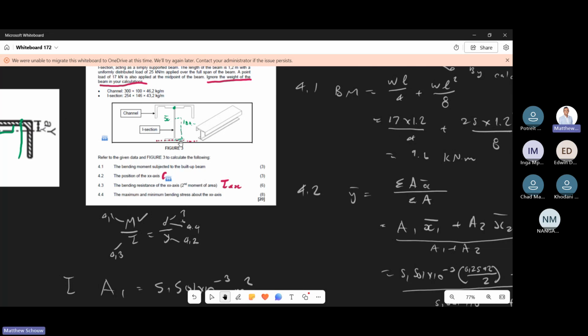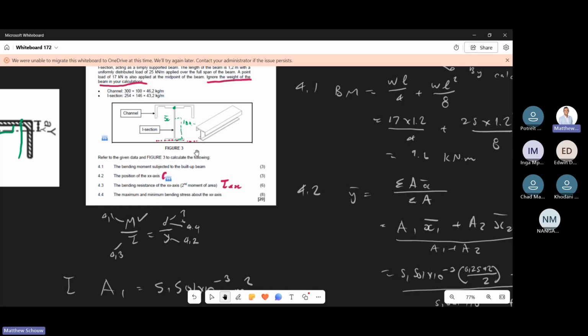the distance from the center of the whole assembly, which is 188, to the centroid of this particular one. So what H is, is the distance from the centroid of the whole beam to each individual element.